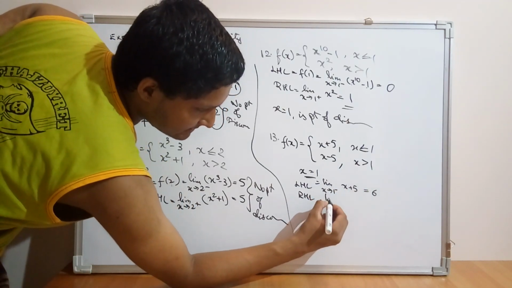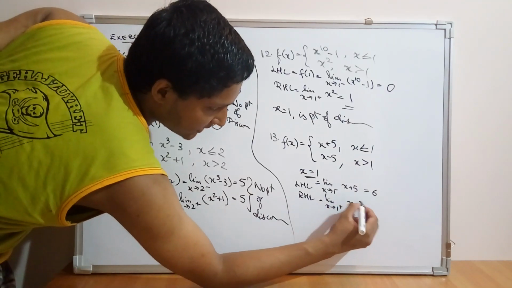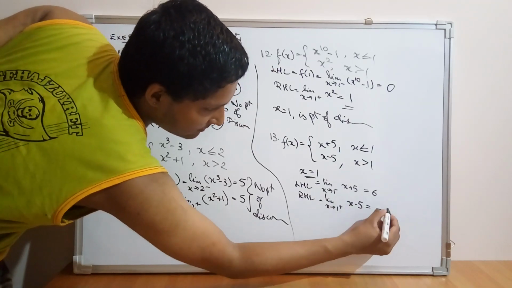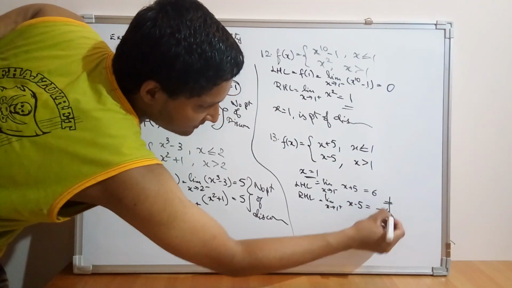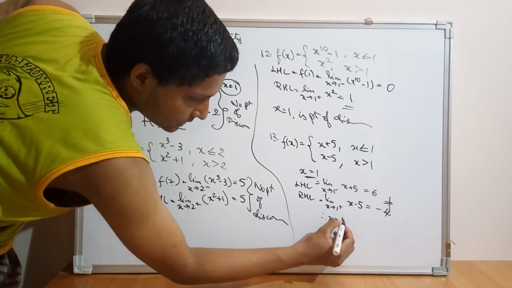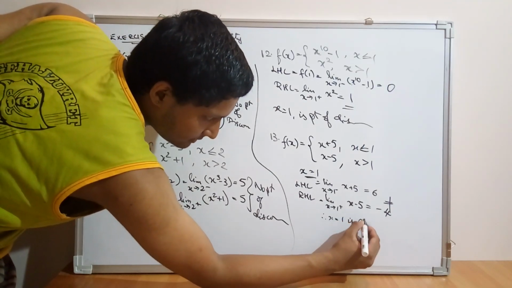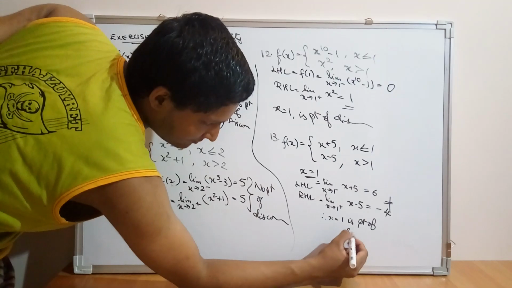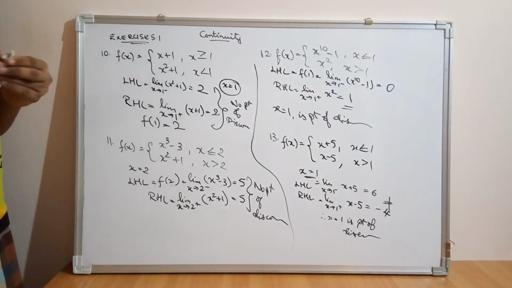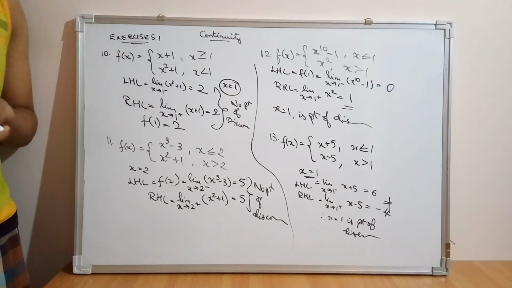Here it is limit x tending to 1 plus x minus 5 is going to be, that is 1 minus 5, minus 4. They are not equal. Therefore, x is equal to 1 is a point of discontinuity. The same way you can write, or you can write the function is not continuous at x is equal to 1. Okay, that's all about the 13th question.